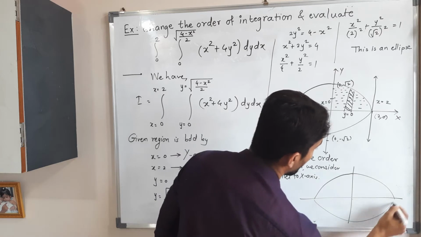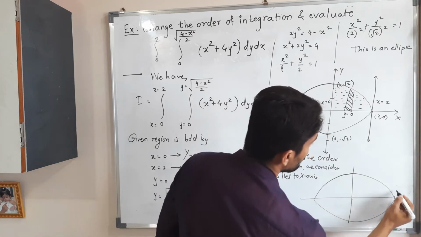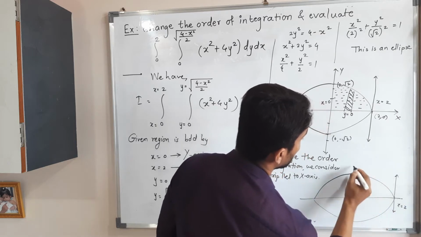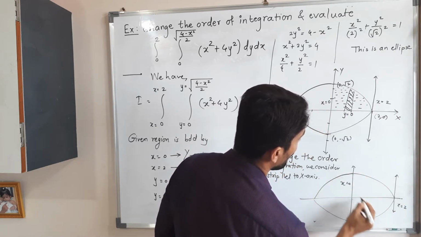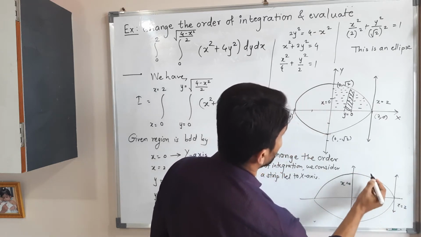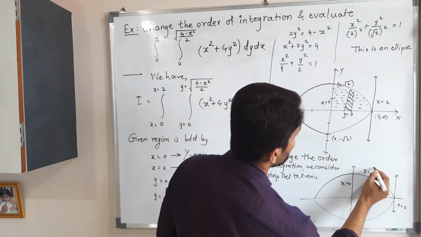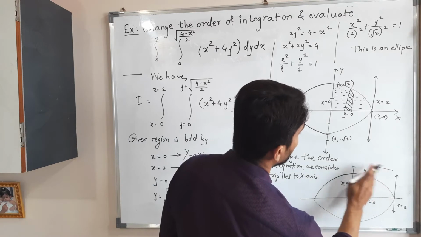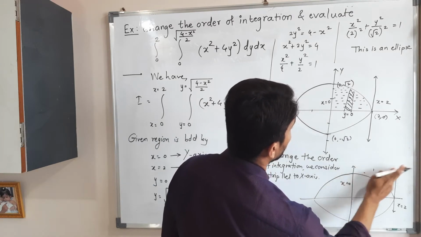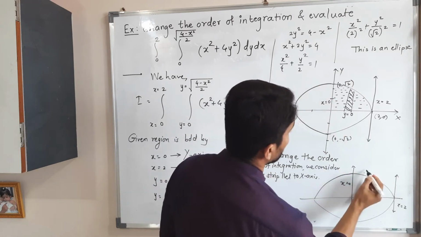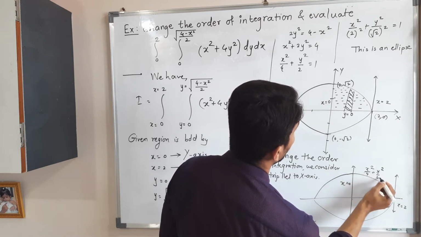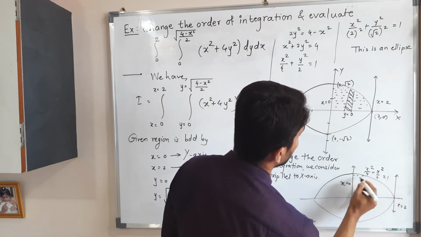Okay, so we have an ellipse like this. This is x is equal to 2, and this is x is equal to 0, y is equal to 0, and here the equation x square by 4 plus y square by 2 is equal to 1. So this is the region of integration.